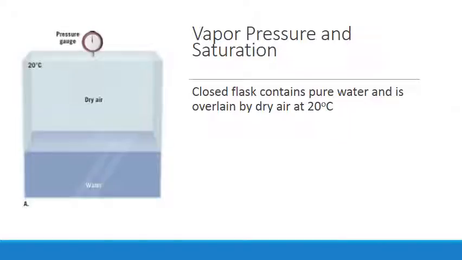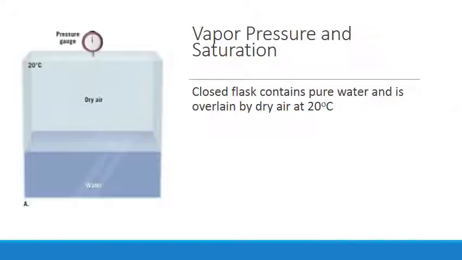But before we do that, I want to talk a little bit about vapor pressure here, and we'll do an imaginary thought experiment. If we imagine ourselves in a laboratory, we can get vapor pressure or relative or absolute humidity and moisture content using closed tanks with thermometers and pressure gauges.